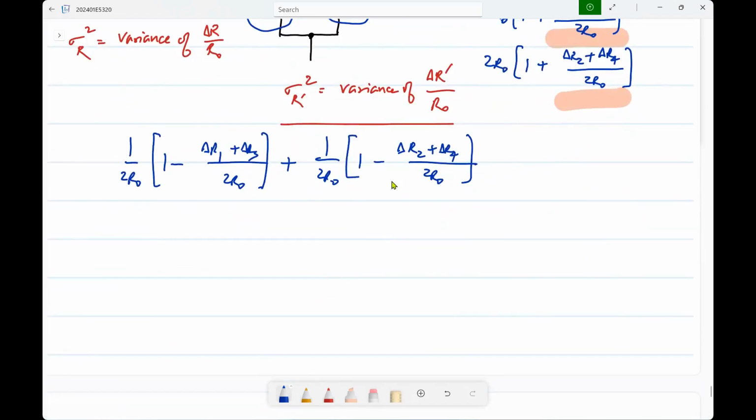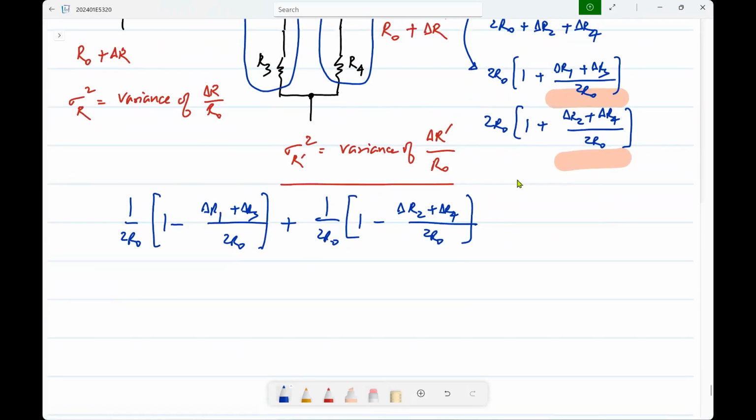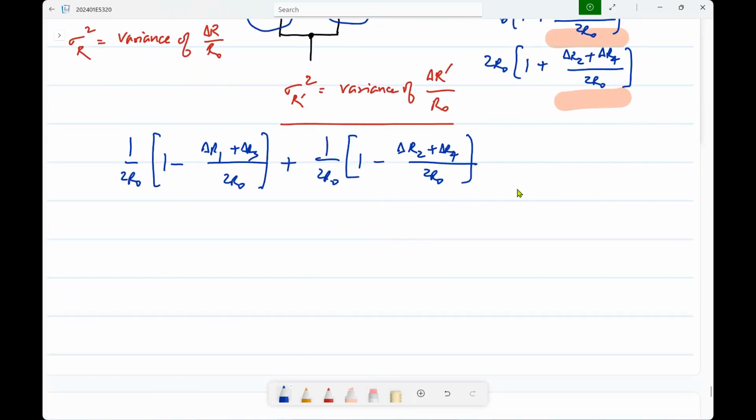So now the total conductance is 1 by R0 times 4.